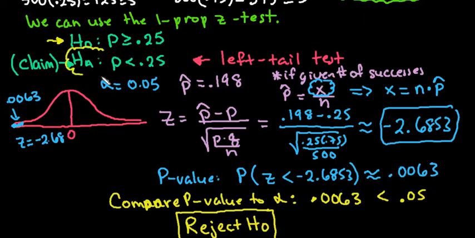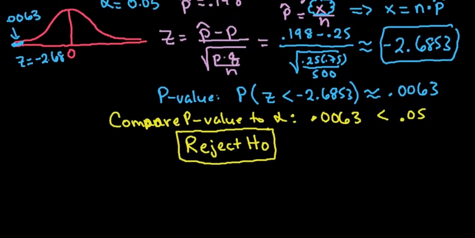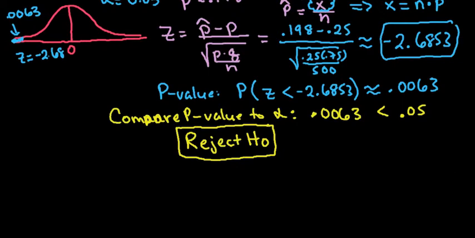Our evidence is pointing to this being true, which means that it's pointing towards the claim being supported. So the way that we would interpret this is we would say at 5%, because that's our alpha level. Instead of saying alpha equals 0.05, I usually say at 5% because more people understand that.